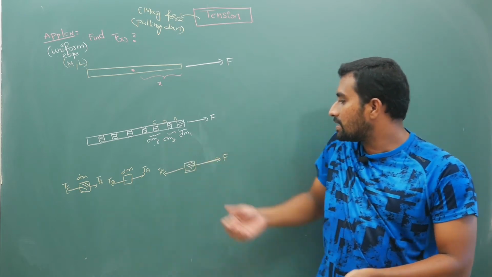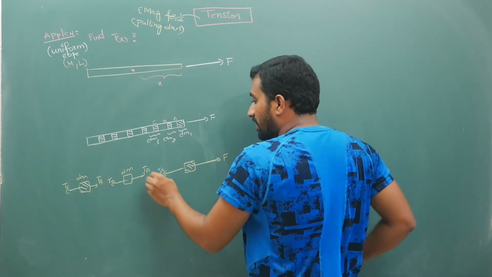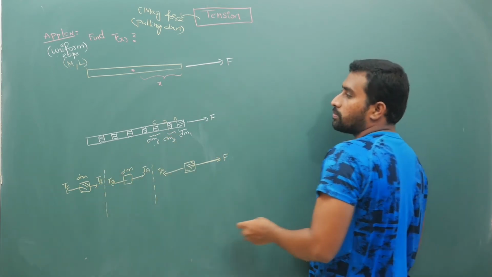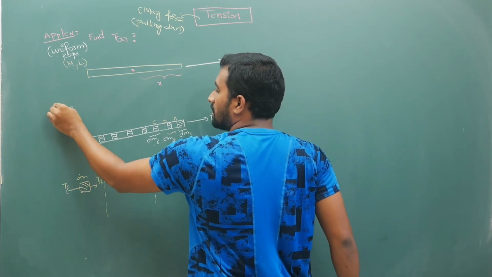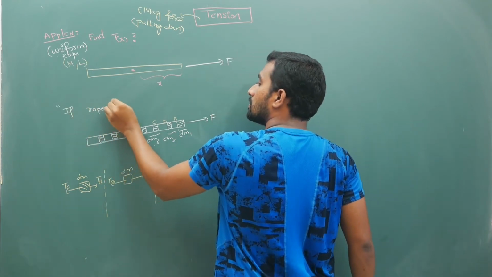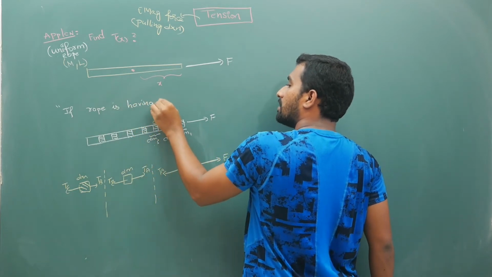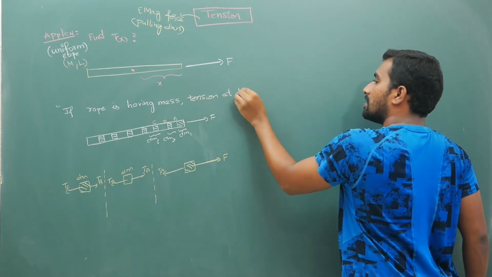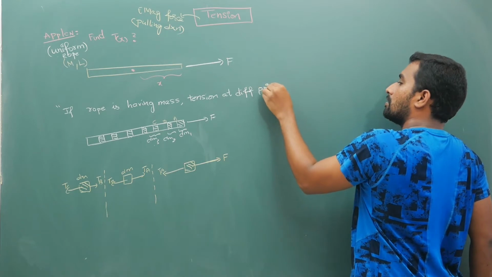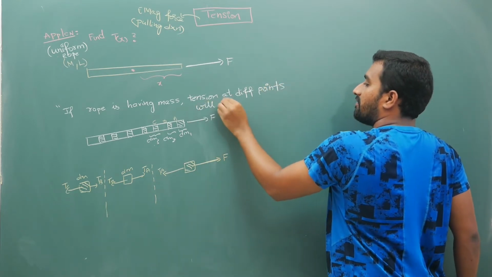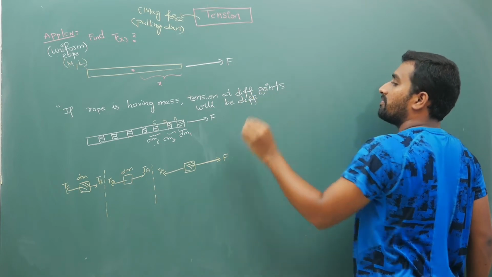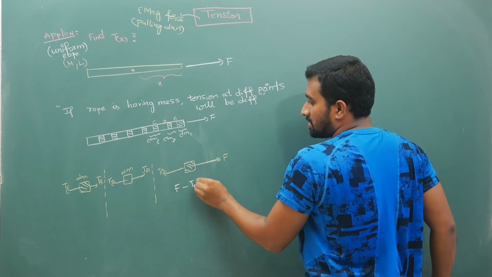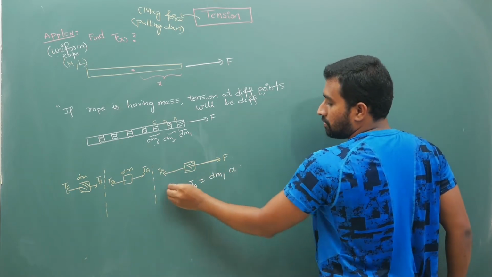So my point is, at each point there will be different tensions. If the rope is having mass, tension at different points will be different. At this point, F minus TA is equal to dm1 into a.